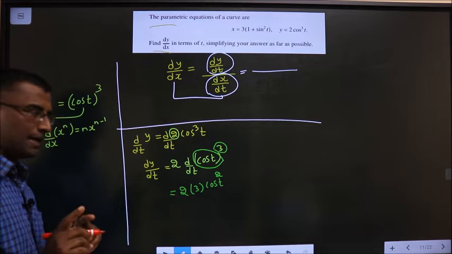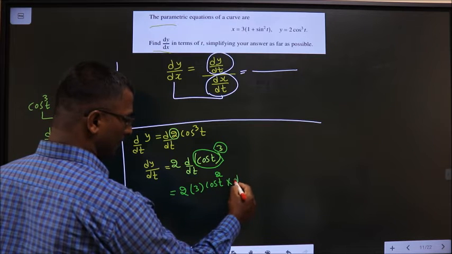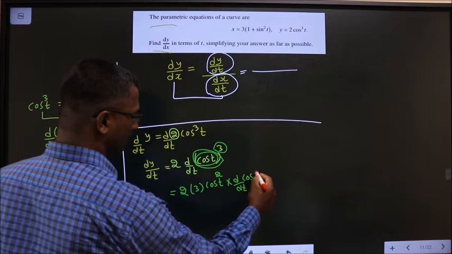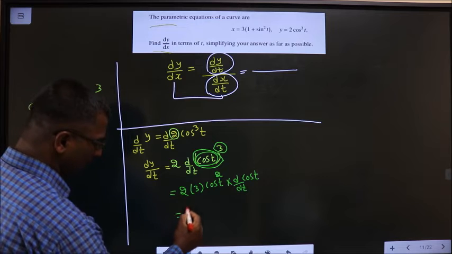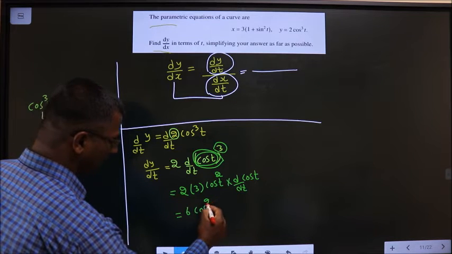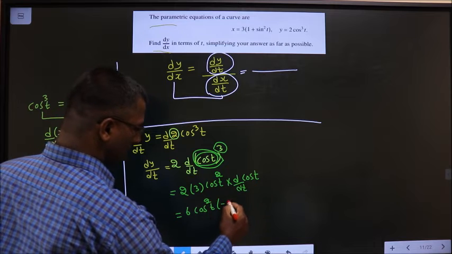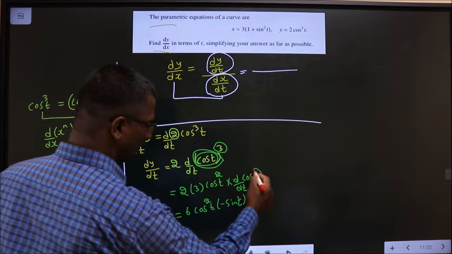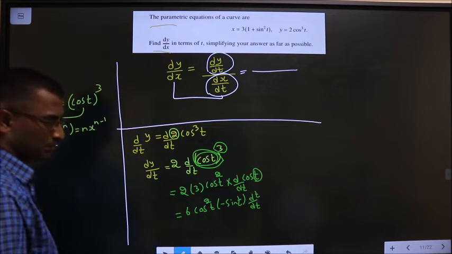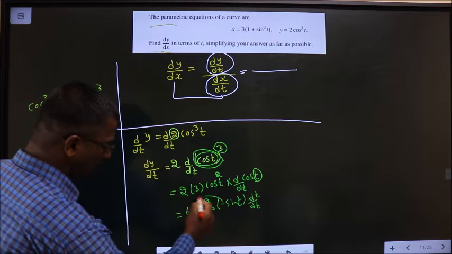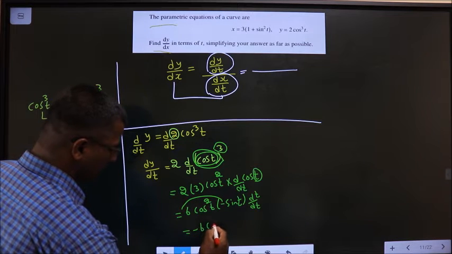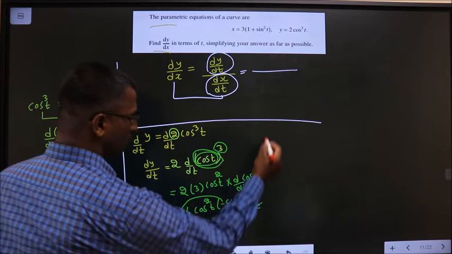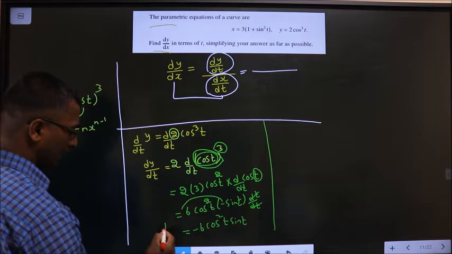Don't forget the good practice, multiply by d by dt of cos t. Next, 2 into 3 is 6cos²t. Differentiation of cos is minus sin t, and the good practice is d by dt of the letter t. So now this sign I write at the front: minus 6cos²t sin t. Anyhow this cancels out. So this is for dy by dt.